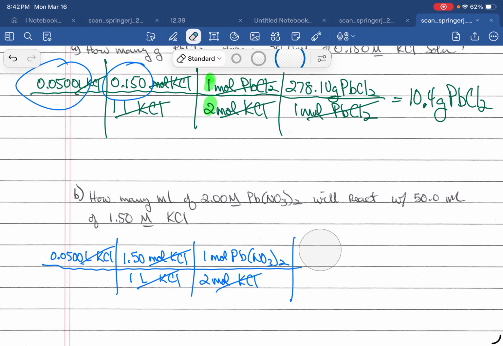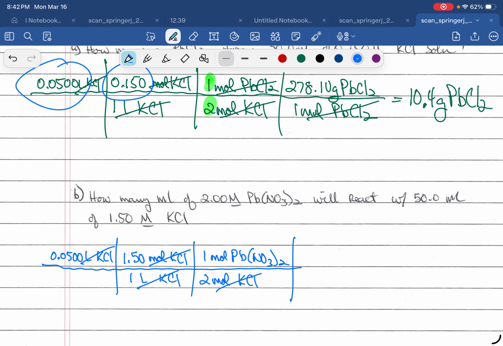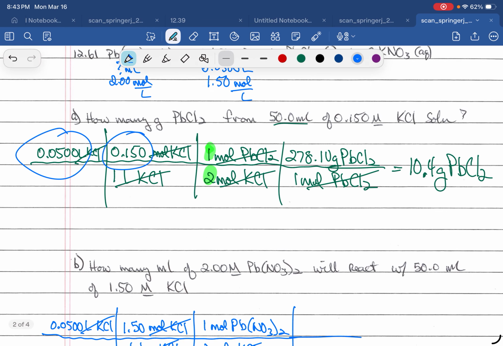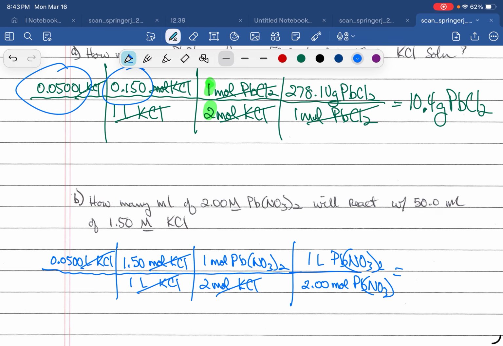And now we know that it is 2 moles per liter. So I got moles of Pb(NO3)2, so I need moles on the bottom. So 2.00 moles Pb(NO3)2 per 1 liter Pb(NO3)2. We'll get an answer in liters.